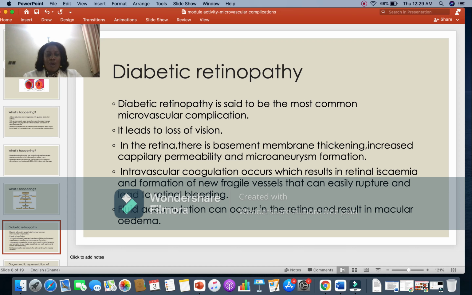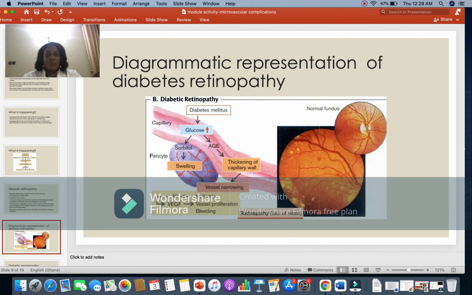There's also microaneurysm formation. Intravascular coagulation which occurs causes retinal ischemia and formation of new blood vessels, which are fragile and easily ruptured, resulting in retinal hemorrhages or bleeding. There's also fluid accumulation that results in macular edema and worsens the visual impairment. This is shown in the diagram below.